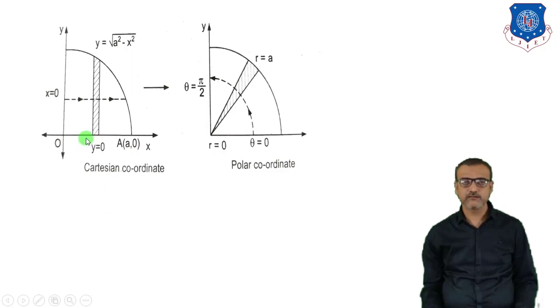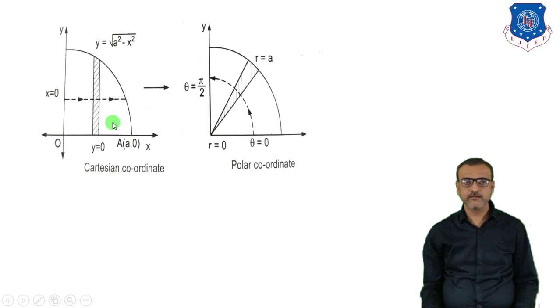Now this is the diagram in the xy plane and this is the diagram in the r theta plane. As you can see, x will vary from 0 to a and y will vary from 0 to square root of a square minus x square. So we will get this part of the circle in the first quadrant only.